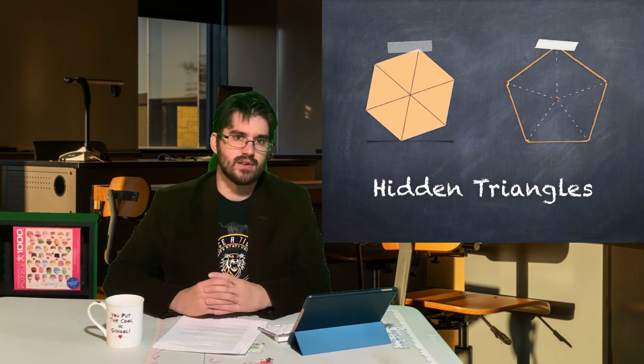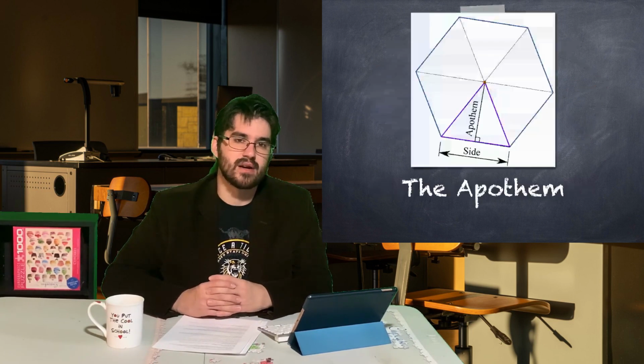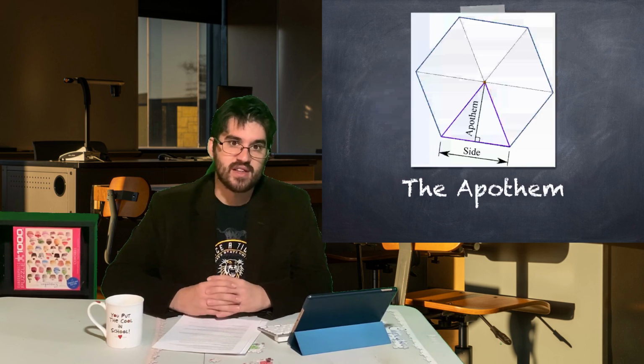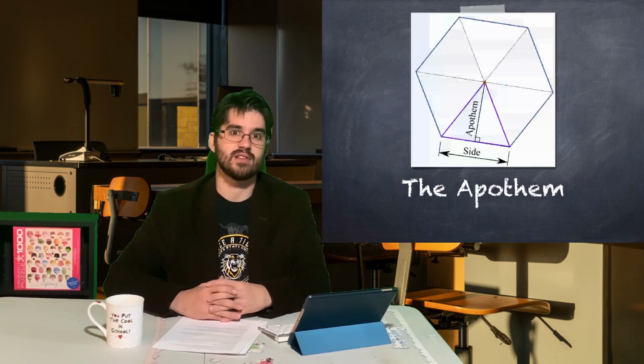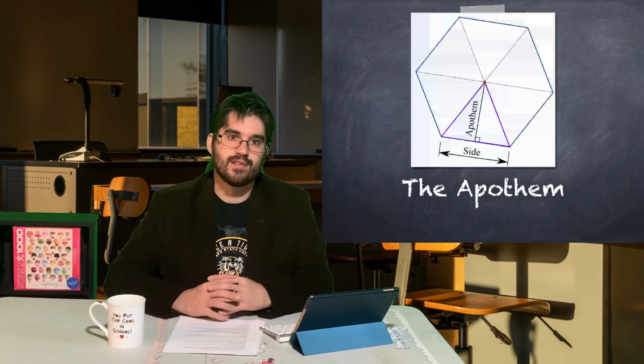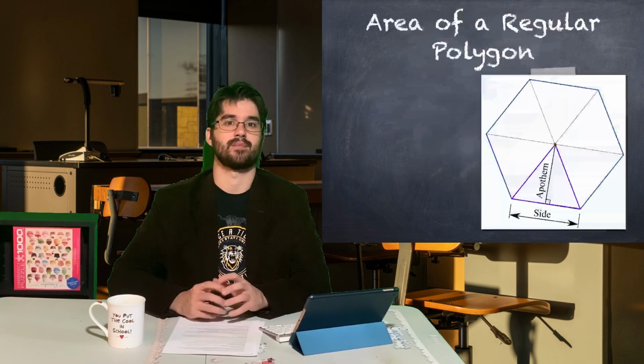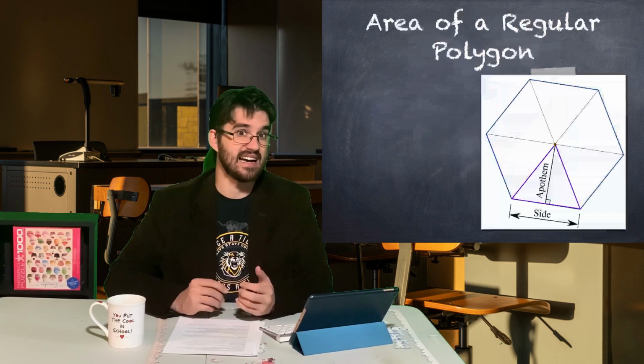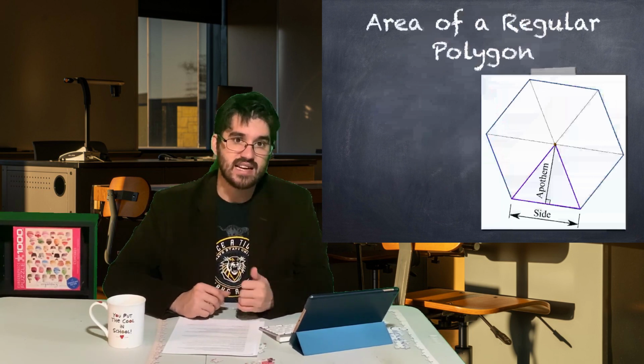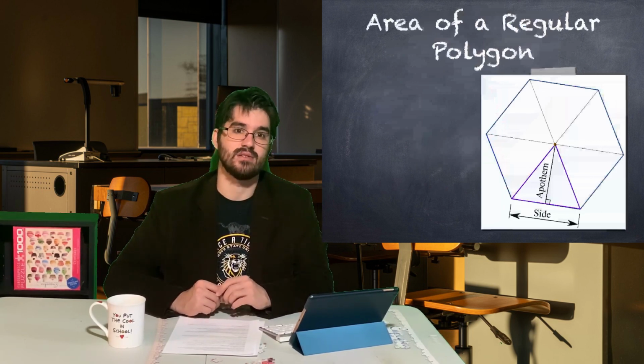Now, there's an important part of these regular figures in that triangle. The height of this triangle is called the apothem. This comes in very handy as we're trying to find the area of a regular figure. Because the apothem is the height of that triangle, the side length is going to be the base of that triangle.